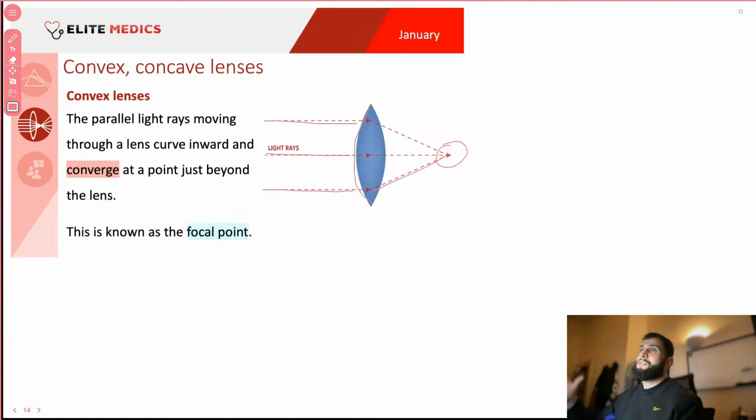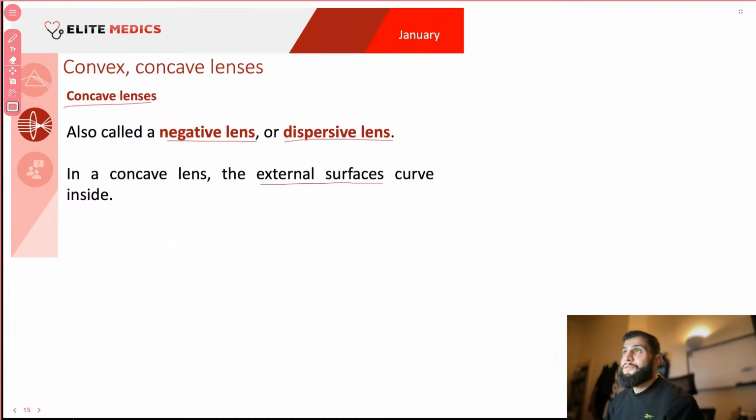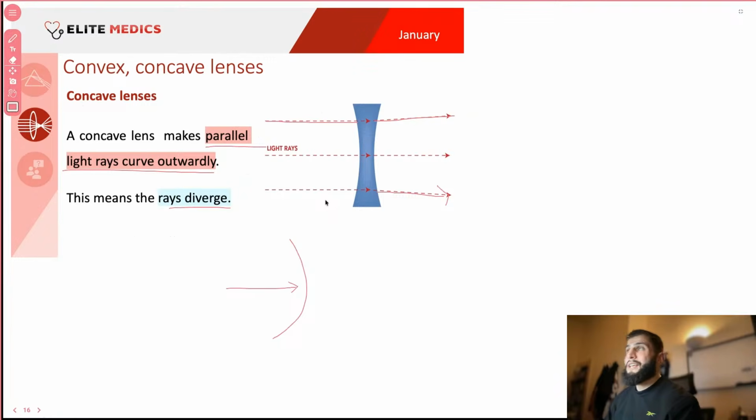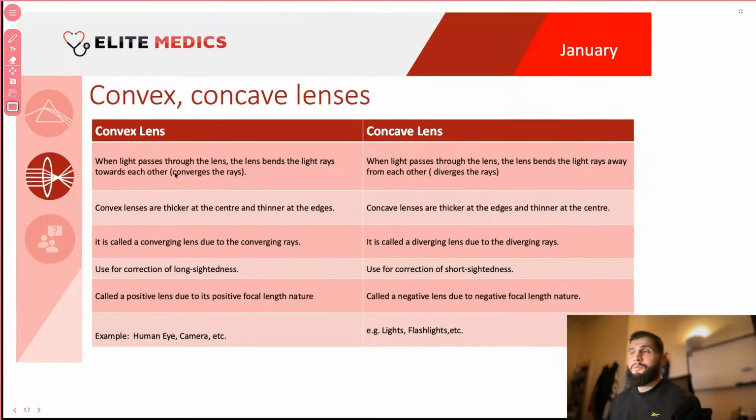They're trying to bend light so that it hits the back of the eye at a specific focal point right here. So that's convex. Now concave, it's kind of going in as if you're going into a cave. That's how I remember it. Concave, it's going in. So what is it going to do? It's going to take that light and spread it outwards. So that's kind of the difference between the two.